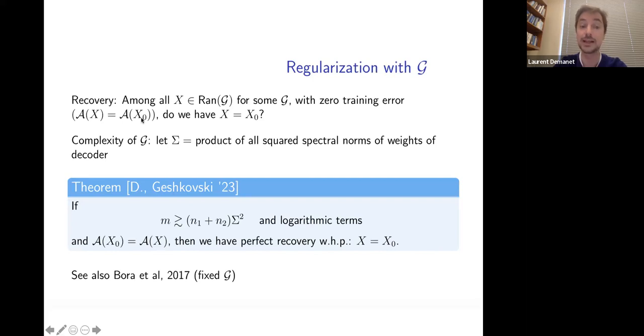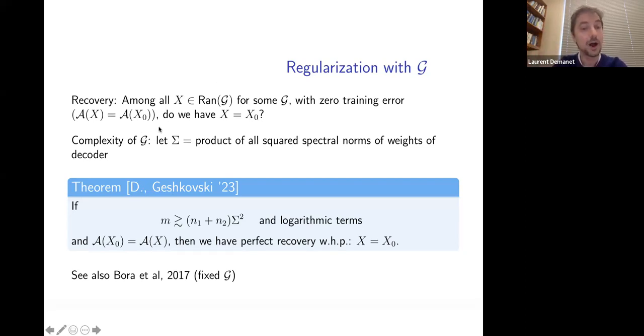But if the training error is 0, and the measurements match for the original object of interest and the one we recover from autoencoding, the question is, do we have X equals X naught, meaning we match the original object and we can claim that our prediction is accurate and exact.